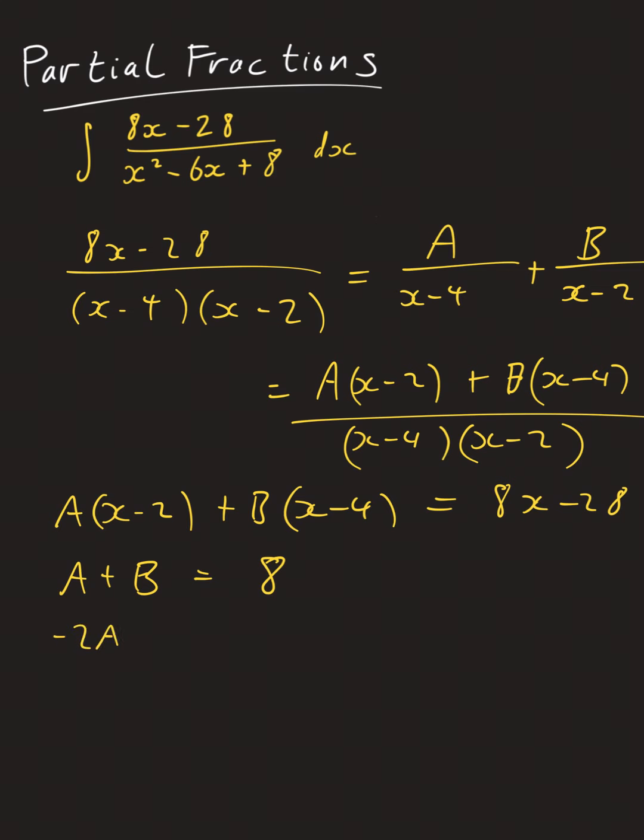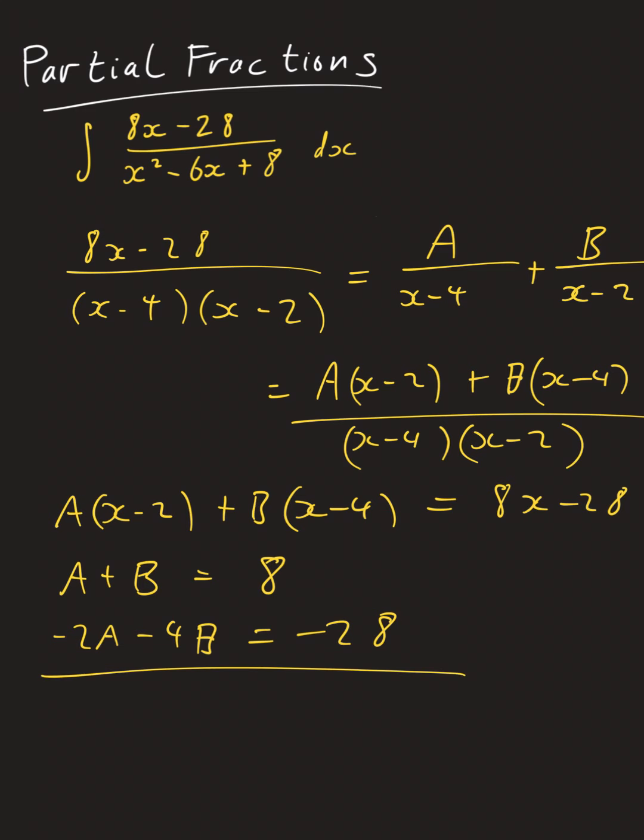So minus 2 times a minus 4 times b must be equal to minus 28. So I've compared the x terms on the left with the x term on the right, and the constant terms on the left with the constant term on the right. And now I have two simultaneous equations in a and b. You can solve these any way you like to get a and b.